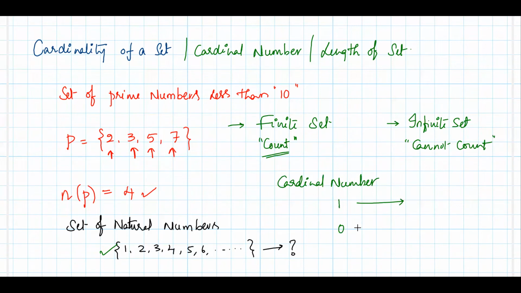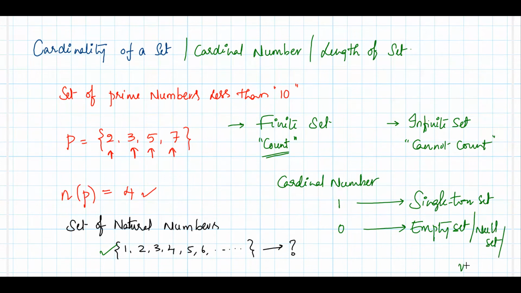We'll see some examples for that. If the cardinal number is 1, we have a name, and if the cardinal number is 0, we have a name for that too. If the cardinal number is 1, we call that a singleton set. If the cardinal number is 0, we call that an empty set, or a null set, or we can even call that a void set.